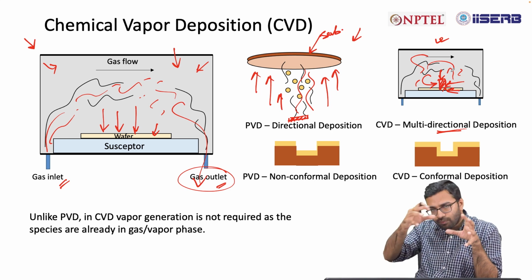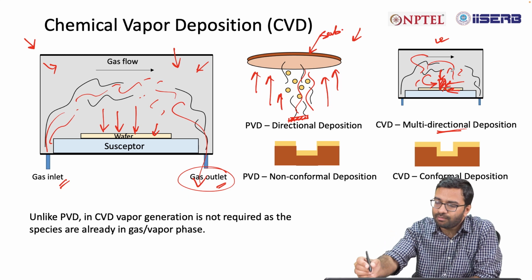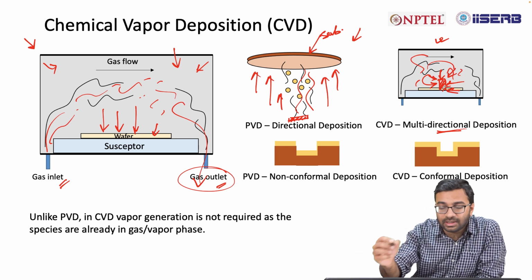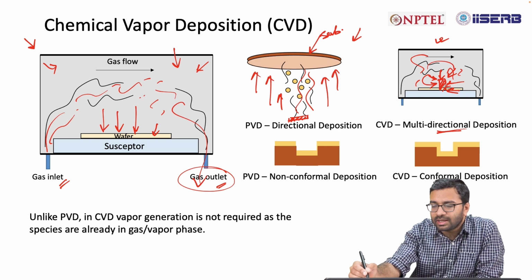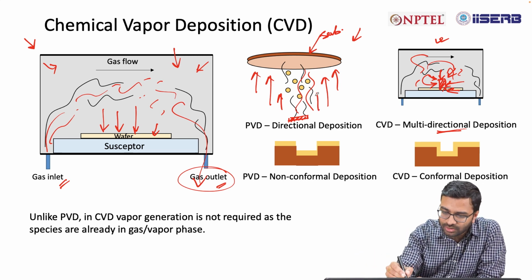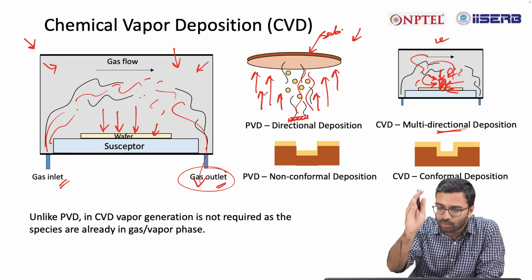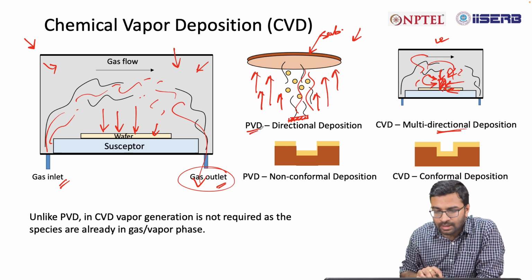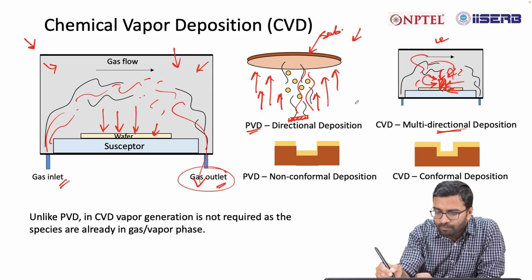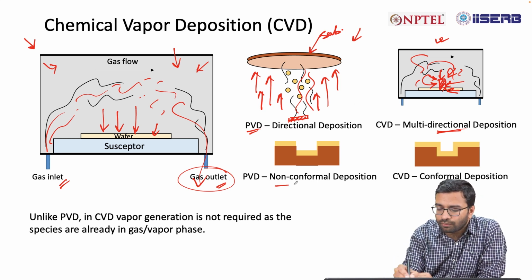The gas will move all around and help deposit that particular film in all directions. That's why it's a multi-directional deposition. However, in PVD the deposition is always in one direction, the upward direction. And because of that directional deposition, you will find that the deposition is non-conformal.